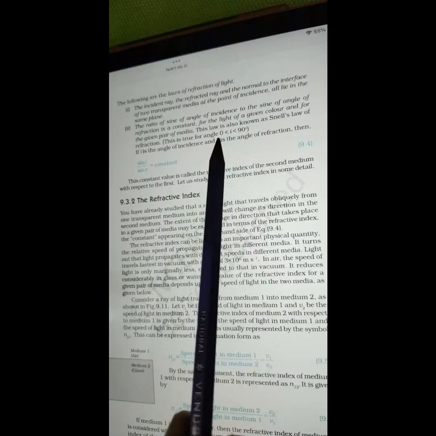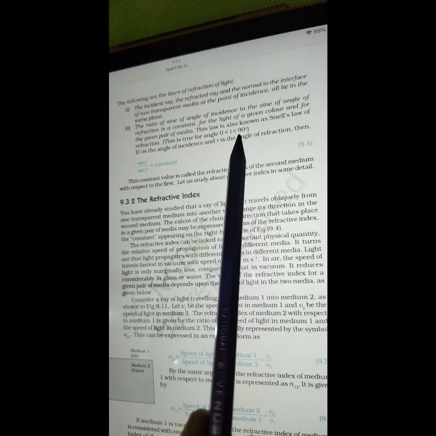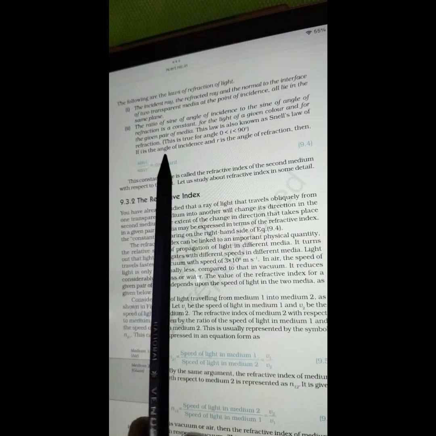This law is also known as Snell's law of refraction. This is true for angle i less than 90 degrees. So if i is the angle of incidence and r is the angle of refraction, then sin i by sin r will be a constant. This constant value is called the refractive index of the second medium with respect to the first. Let us study about refractive index in some detail.